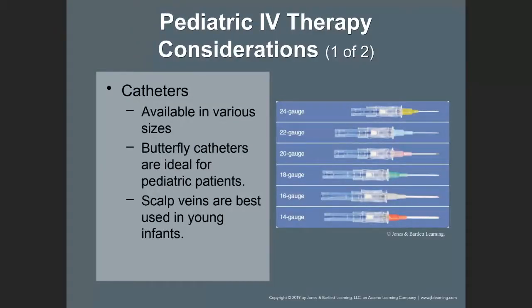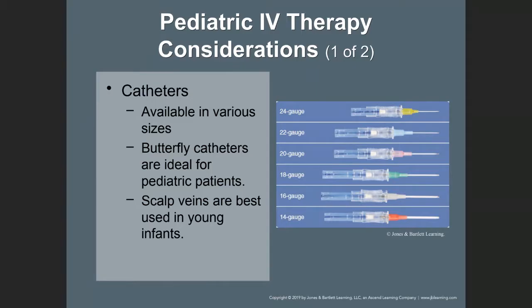Now, pediatric IV considerations. Catheters are available in various sizes. Butterfly catheters are ideal for pediatric patients. Scalp veins are best used in young infants. Now you have the 14 gauge, 16, 18, 20, 22, 24.